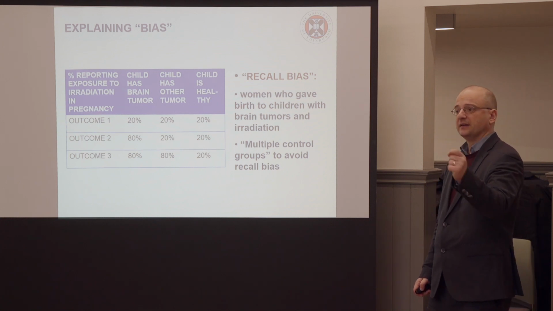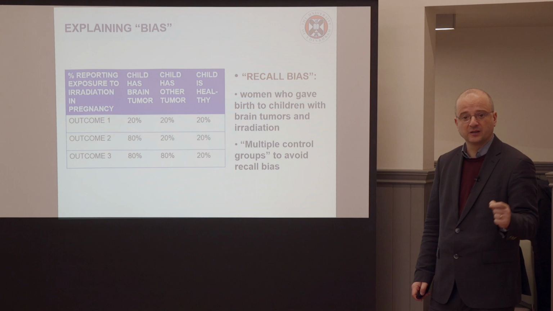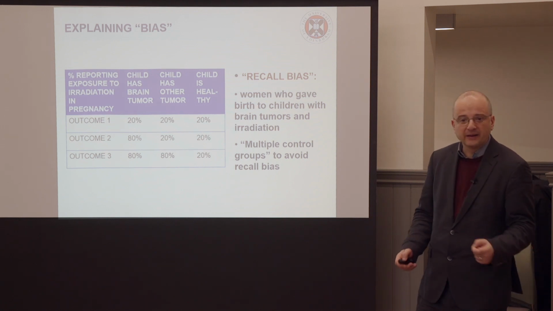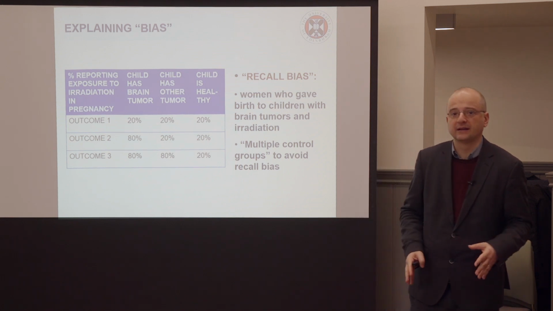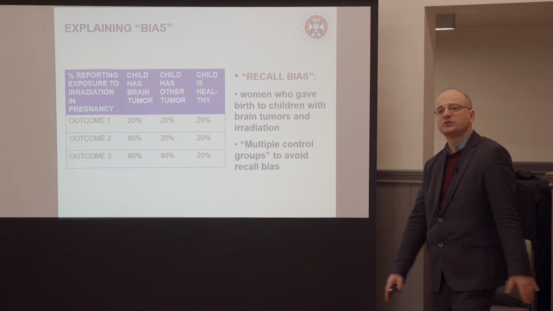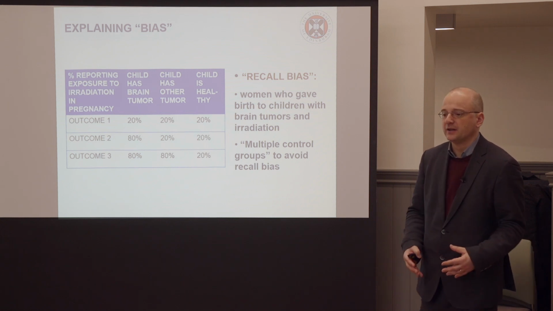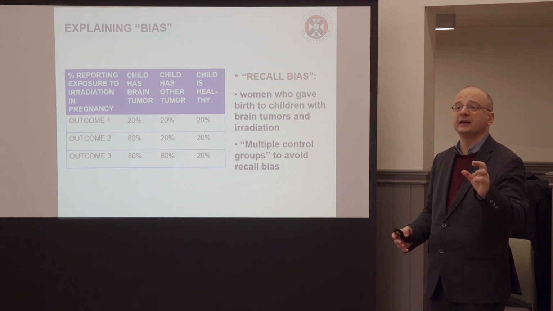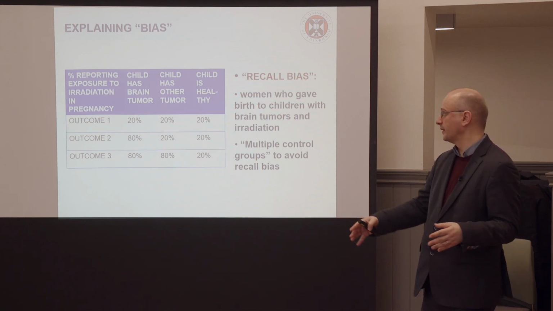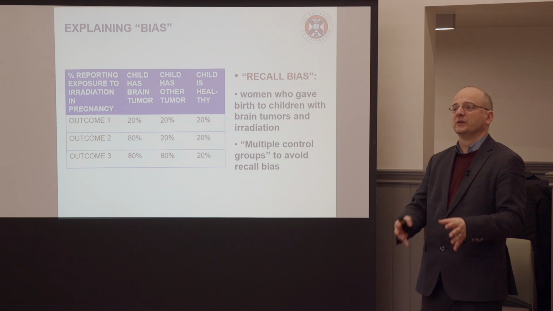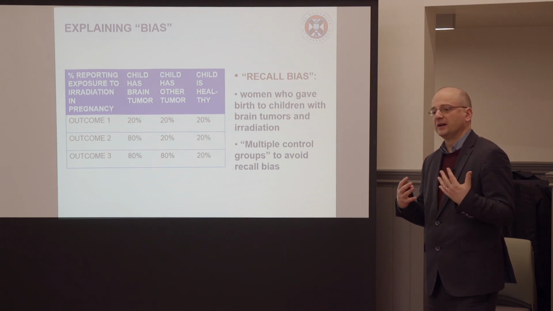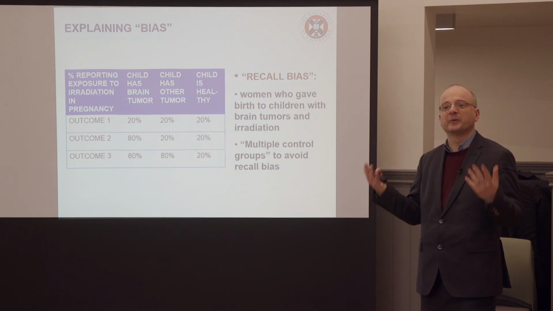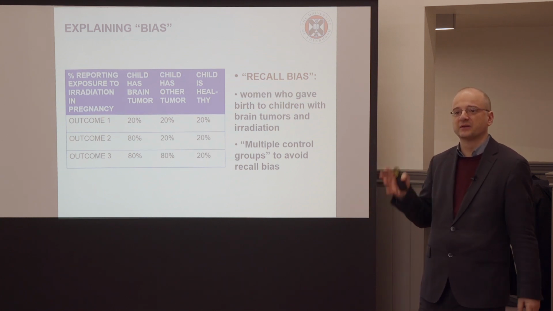But the trouble is that you will certainly have mothers with a huge recall bias about this, because the mother whose child has a brain tumor will remember every tiny exposure to radiation, passing in front of a television, whereas a mother who was taking sandwiches to a husband who works in a nuclear power plant will not report it because she has a healthy child, so she won't think about it.